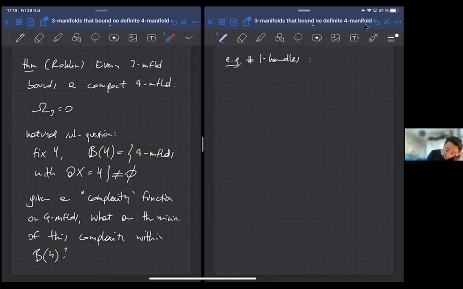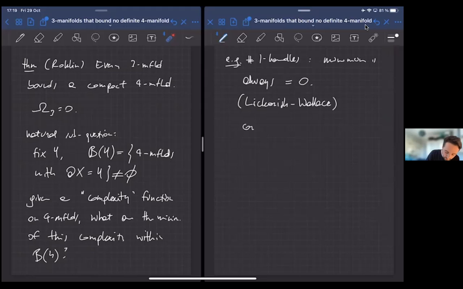In fact, it turns out that the minimum is always 0. And this is in essence the Lickorish-Wallace theorem. That roughly translates into saying that every 3 manifold has a surgery representation as surgery along a link in S3.